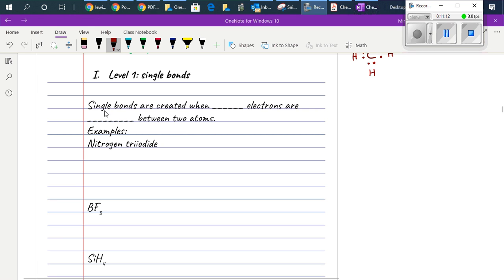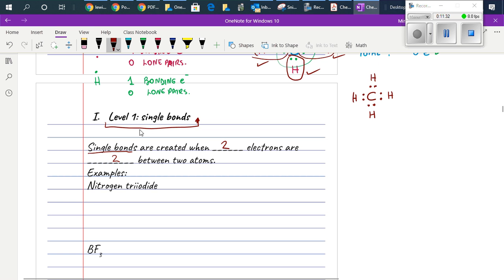So let's take a look now. What are single bonds in molecular compounds? Single bonds are created when 2 electrons are shared between 2 atoms. Like in the case of methane, what do we see here?